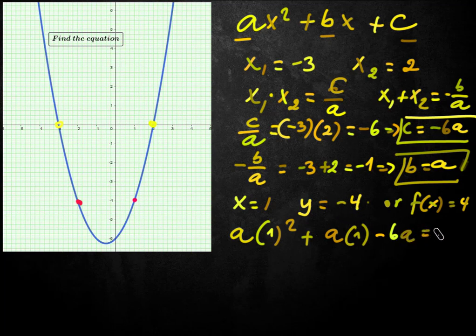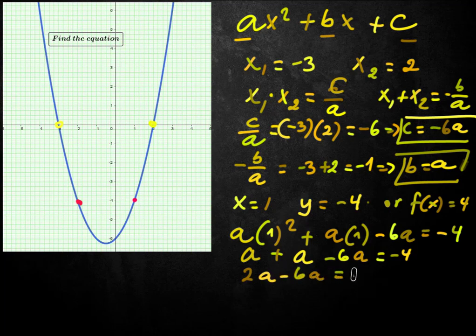When x is equal to 1, we have y is equal to -4. We plug in -4. So we calculate here. We have a plus a minus 6a is equal to -4.